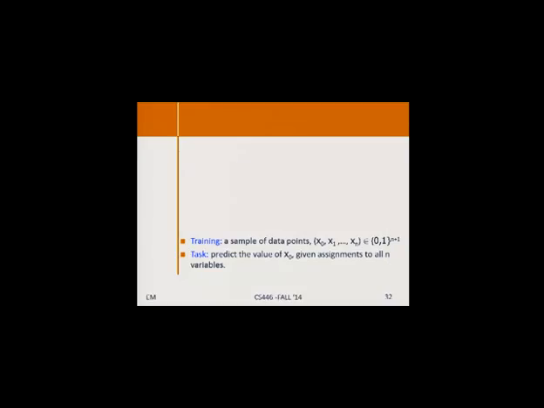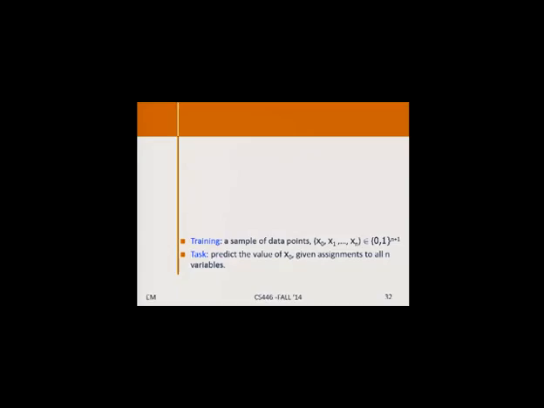Do you agree that this is what you would have done 3 weeks ago? Do we know any values of x0? Everything is Boolean here, 0, 1 to the n. No, I gave you training data.